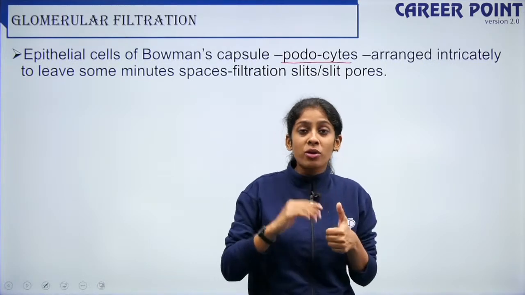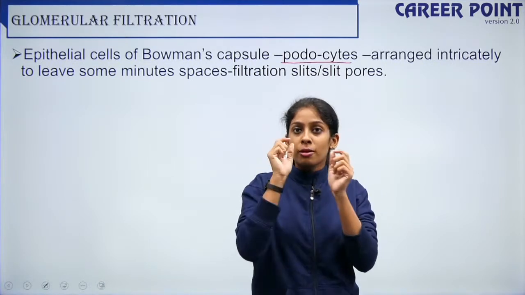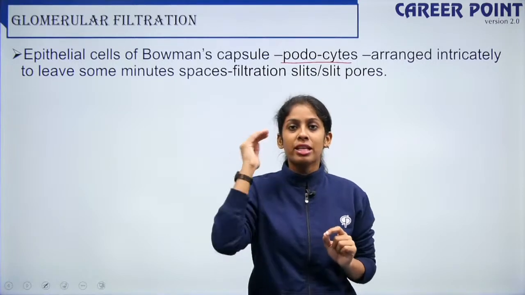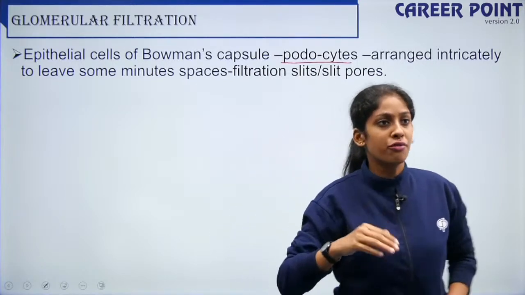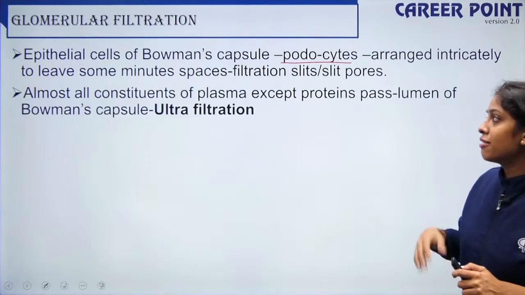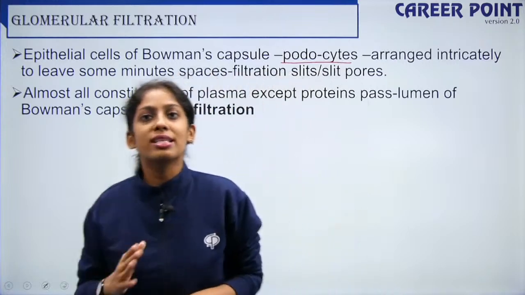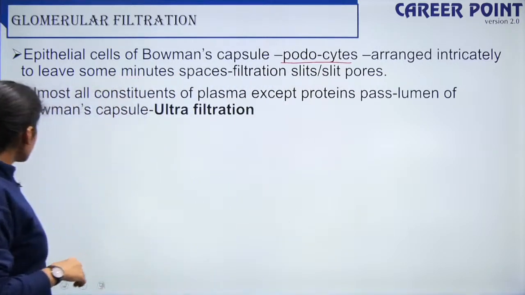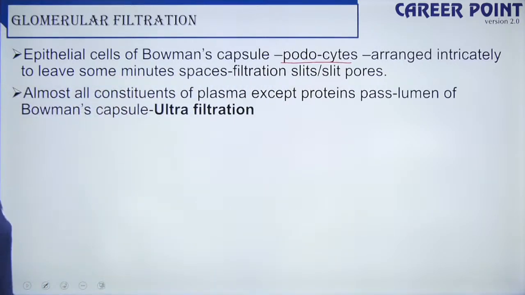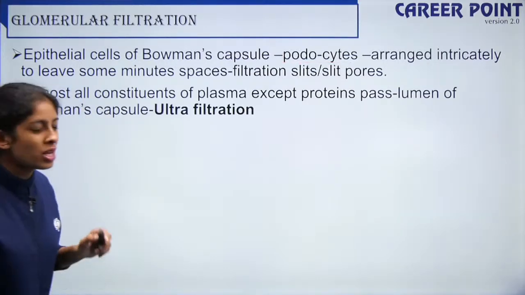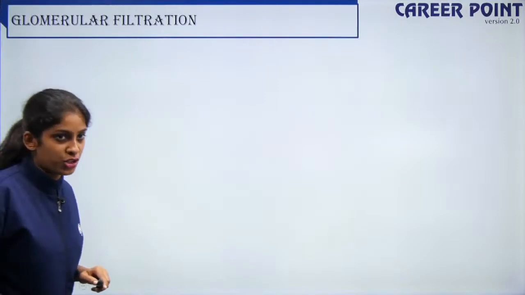But the plasma proteins are also not filtered. The filtration slits are so accurate and so perfect that even the plasma proteins are not filtered, right? This makes the filtration very accurate and precise, and hence it is known as ultrafiltration. Almost all constituents of the plasma except proteins pass into the lumen of the Bowman's capsule, and this is ultrafiltration.